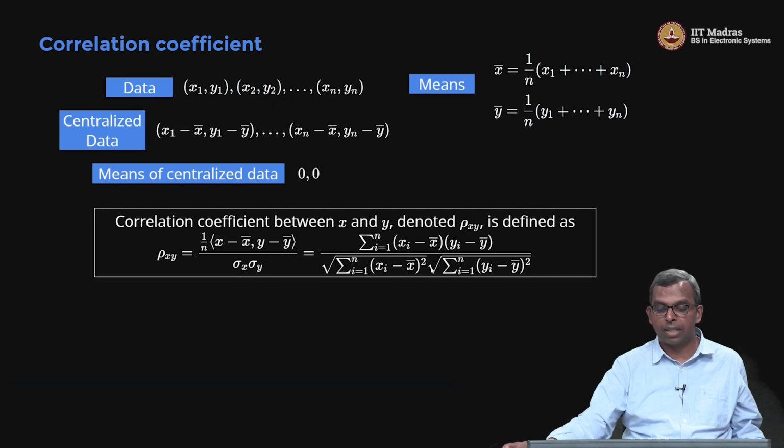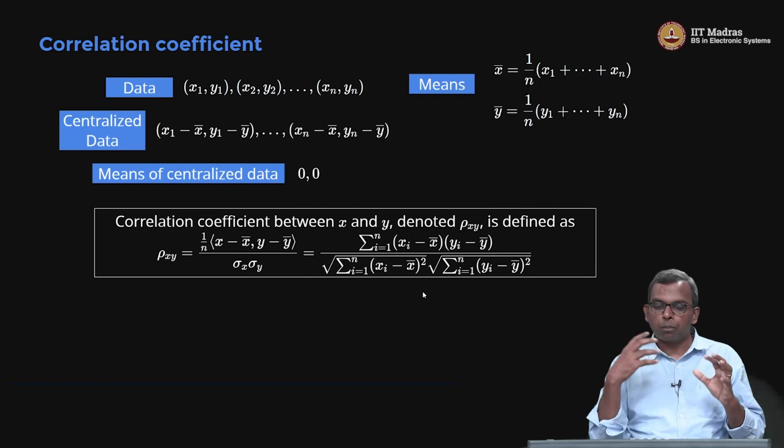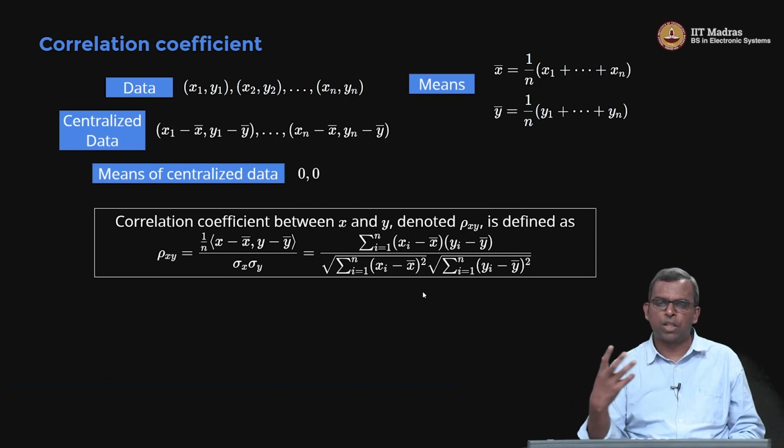So if you simplify this using the formulae before, you will see that the numerator is simply the inner product between xi minus x bar and yi minus y bar, and then the denominator is the norm of xi minus x bar, and this side is the norm of yi minus y bar. So this is the correlation coefficient. Here I've brought in the mean to centralize the data, and it's a much more standard definition.